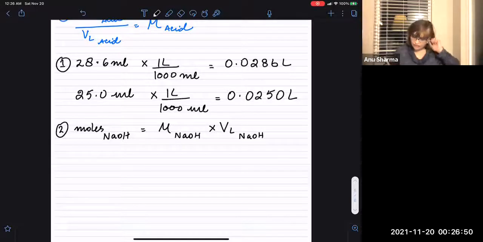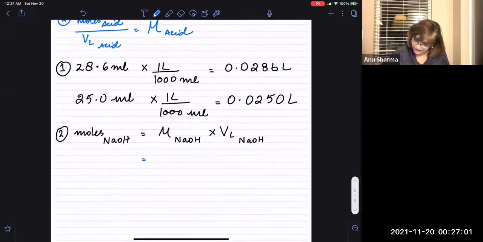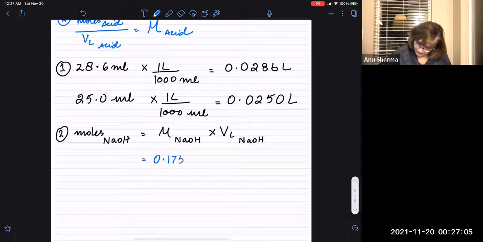Okay, so you have now the moles of NaOH. Moles of NaOH is the molarity, 0.175 M, times the volume, 0.0286 liters.